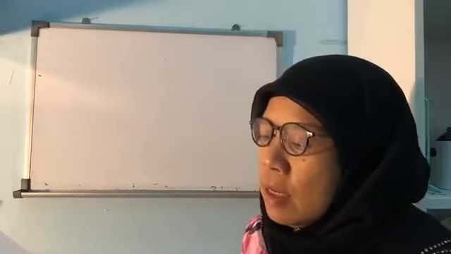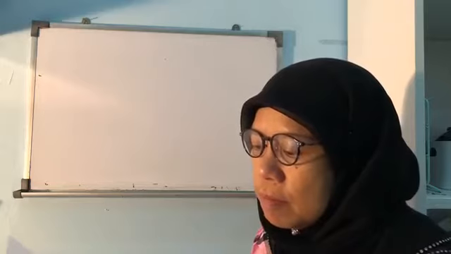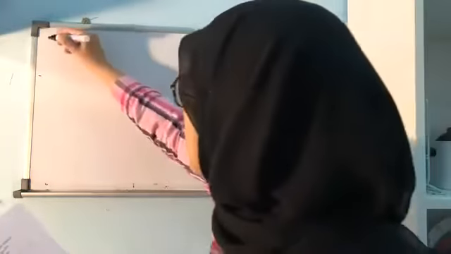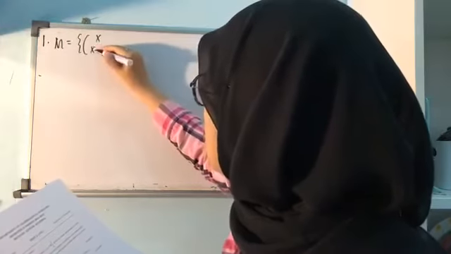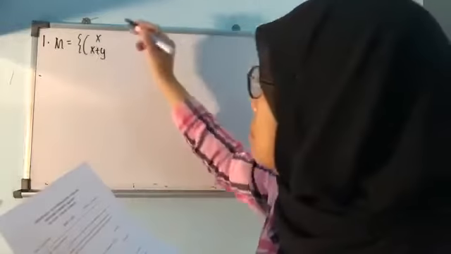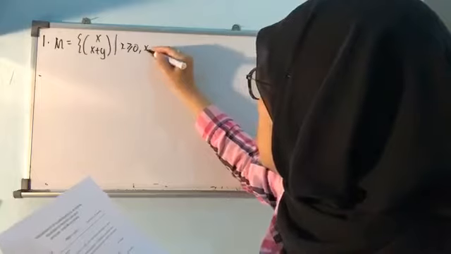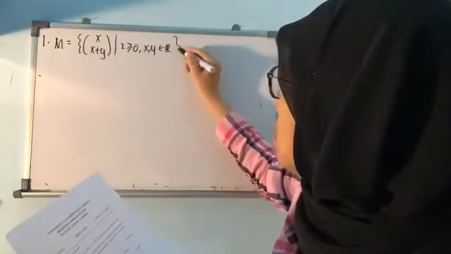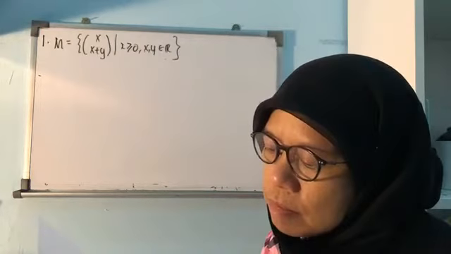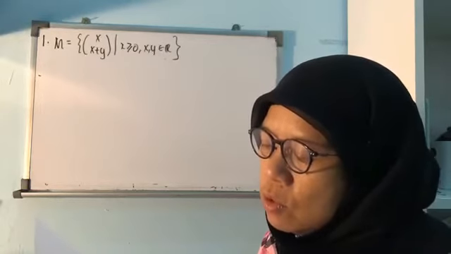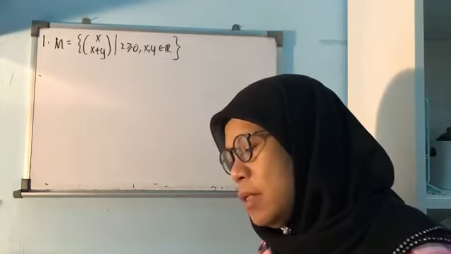Okay, sample test. When was it? Last year. M is x, x plus y, x bigger or equal to 0, x, y in R, with the usual operation in vector space R2.